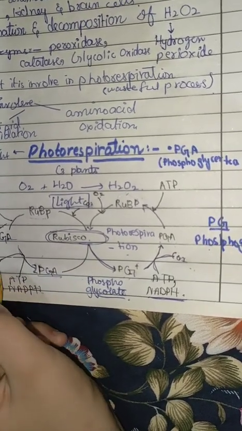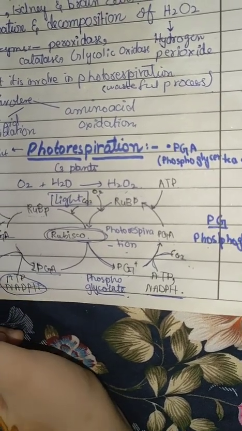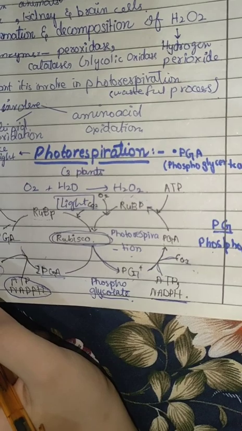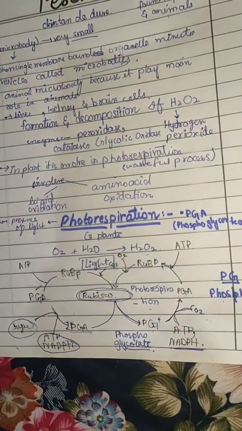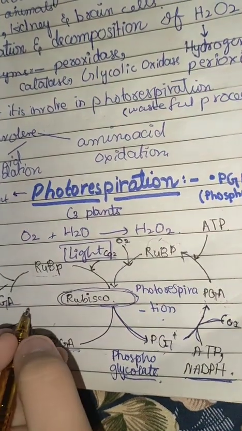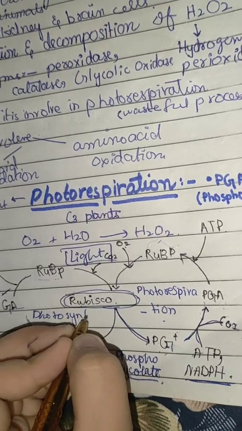From here sugar is released and ATP and NADPH are produced. So this process is also known as photosynthesis.